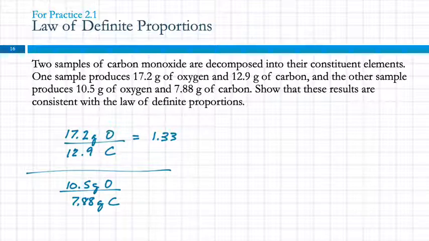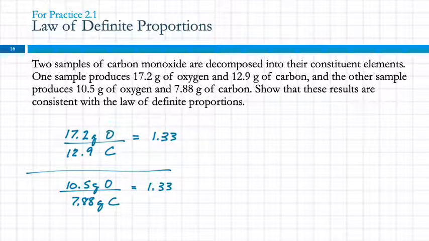If I use my rules of significant figures, each of these numbers has 3 significant figures. These are measurements, they're not perfect exact numbers. So 3 and 3, then this number should have 3 significant figures, so I'm going to express it as 1.33. Then the other one, 10.5 divided by 7.88, should also end up with 3 significant figures.